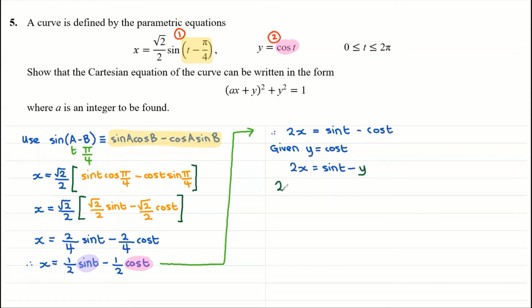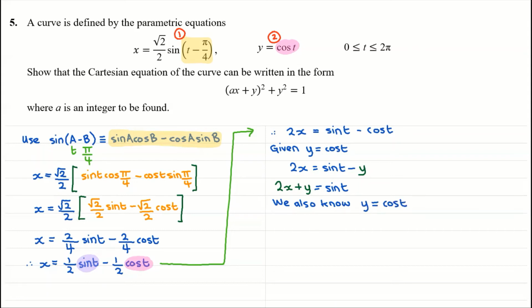I'll get 2x plus y by adding y to both sides is equal to sine t. Okay, so we know that, and we also know that y is equal to cos t.